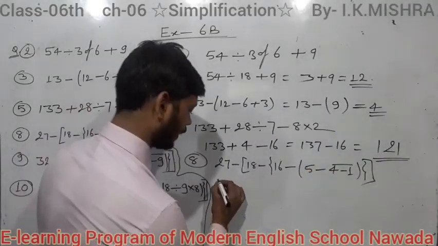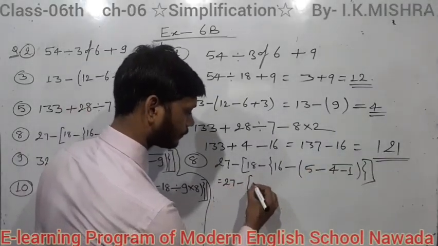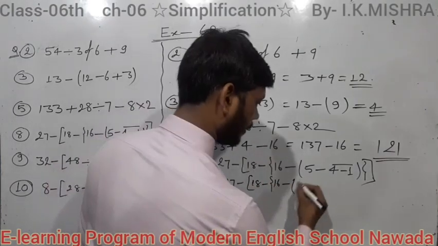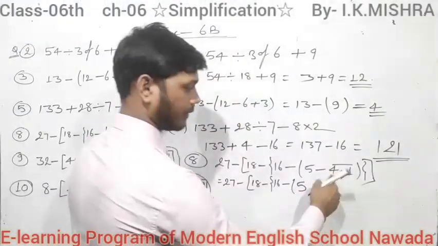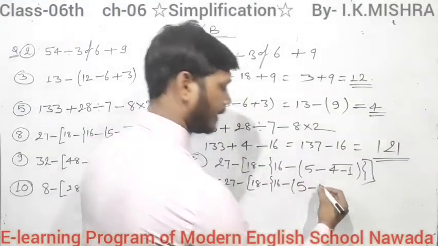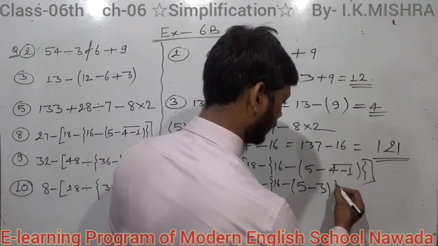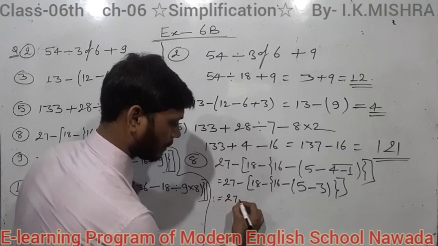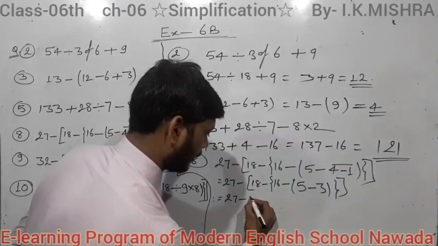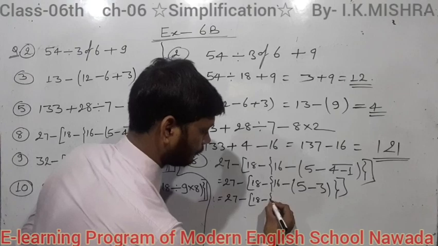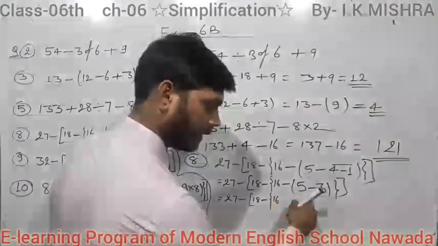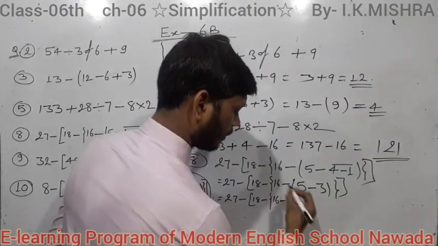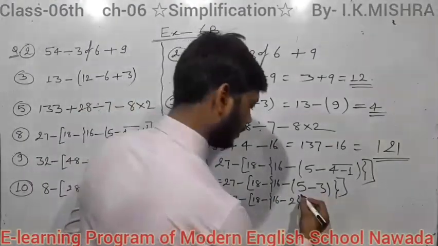So now students, here 27 minus 18 minus 16 minus 5, and do the operation in this. Here minus sign is used, and here 3. Students, now after that, here 27 minus 18 minus 16, and do the operation in it. Minus 2, here small bracket is removed.